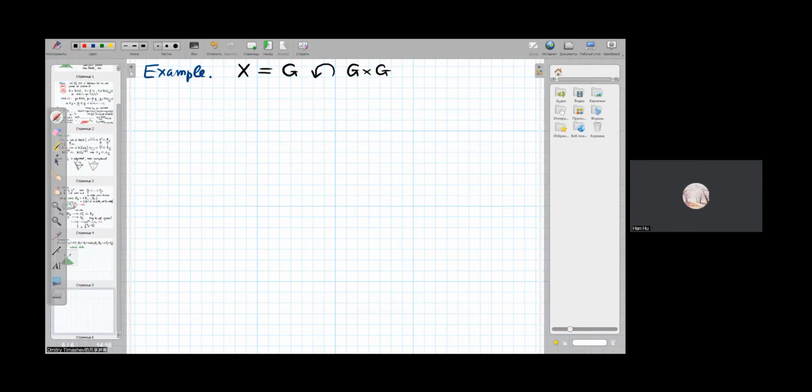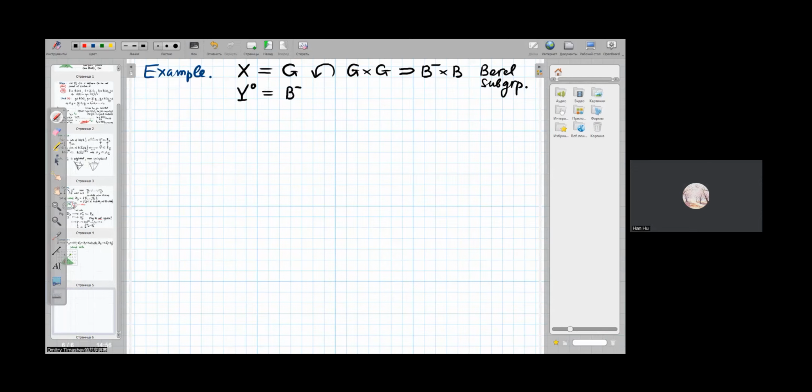And the diagonal G is a symmetric subgroup in G cross G. So it is a symmetric space, and therefore spherical. In this G cross G, we can choose a Borel subgroup, which is B minus cross B. B is a Borel subgroup in G, and B minus is the opposite Borel subgroup. So B minus cross B is a Borel subgroup in G cross G. Also, let me remind you that the open B orbit, Y naught, in this case is what is called the big cell.